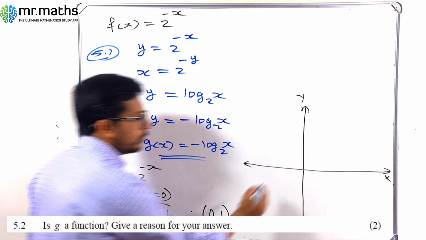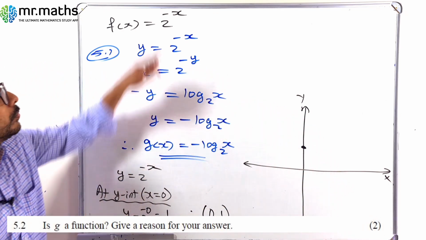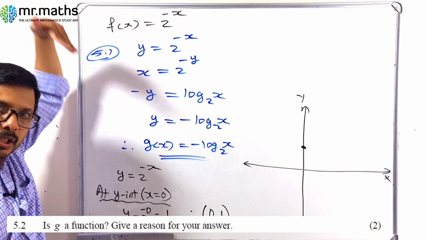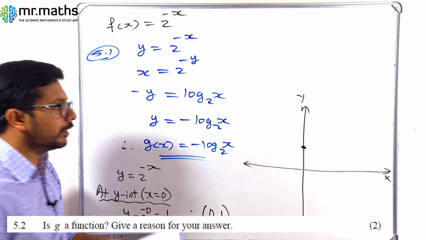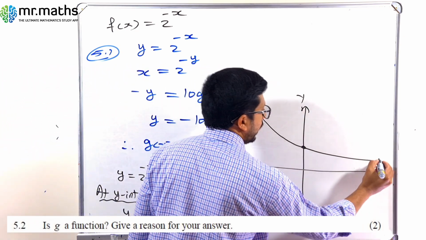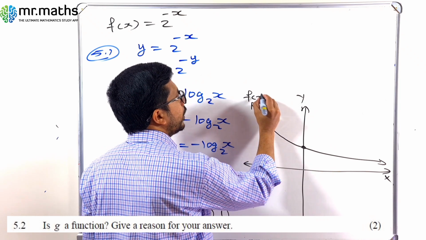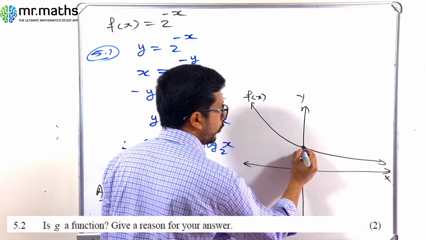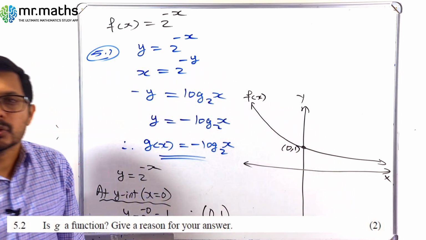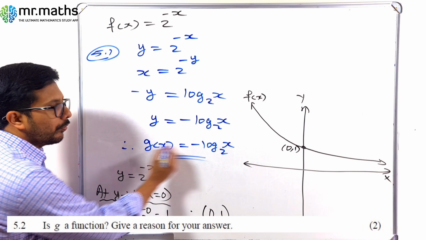So it is passing through 0 comma 1. And since this is 2 raised to minus x, since here it is minus, the exponential graph is decreasing. That means the exponential graph is like this. And this is f of x, and this point is 0 comma 1.